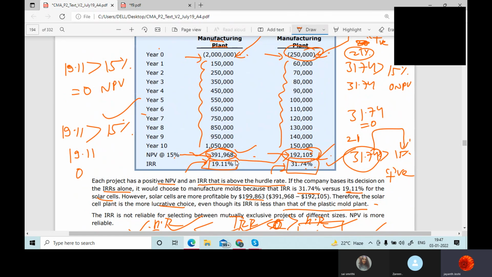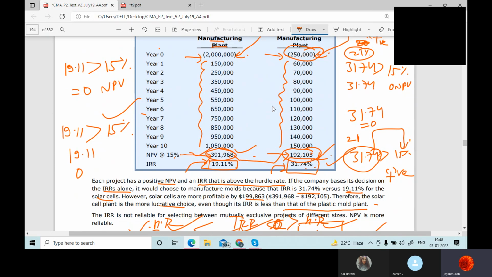But when I have to pick one out of two, I have to go with NPV, technically more sound, more justified. In both cases the return is more than my hurdle rate, so I can accept both. For NPV also I can accept both projects, but I need to take only one out of two.